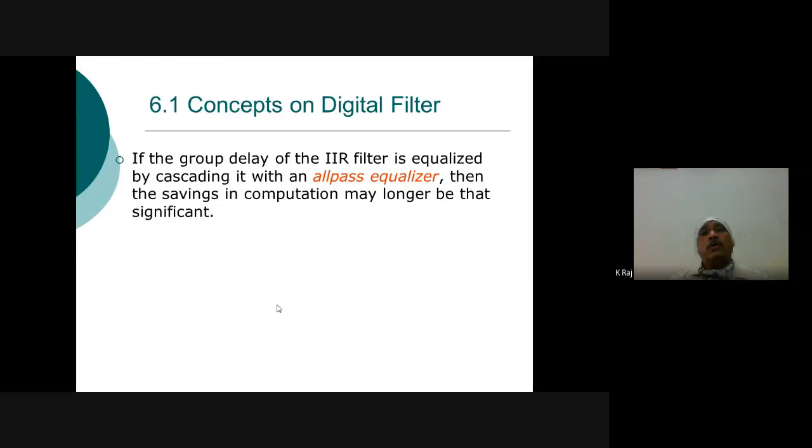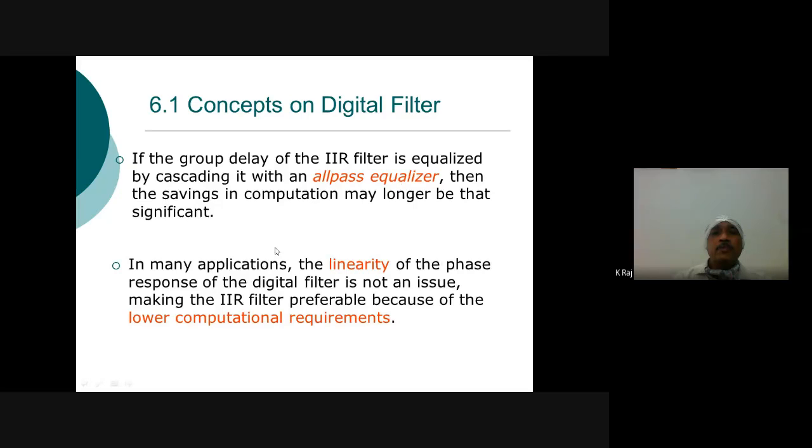Now, if the group delay of the IIR filter is equalized by cascading it with an all-pass equalizer, then the savings in computation may no longer be significant. In many applications, the linearity of the phase response of the digital filter is not an issue, making the IIR filter preferable because of the lower computational requirement.